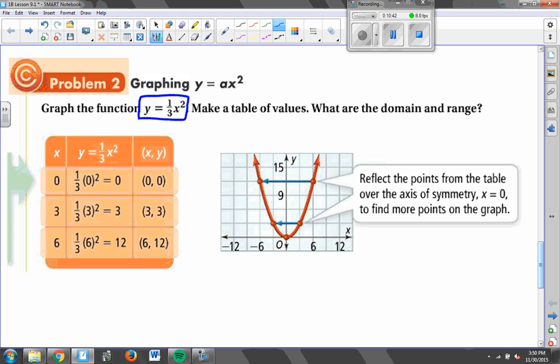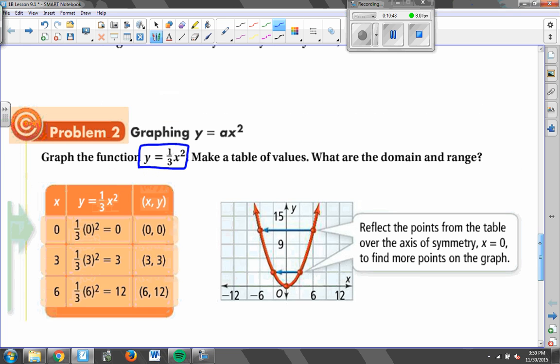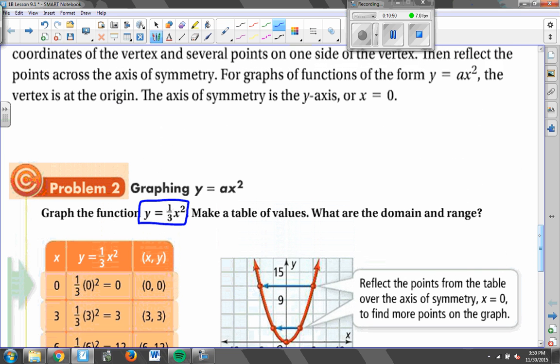The first thing that I need to do is try to find the vertex point. Now, the wonderful news for us is right here. For graphs of functions where it's just ax squared, no plus x's, no plus numbers, the vertex is at the origin.